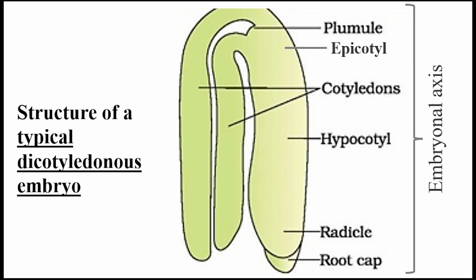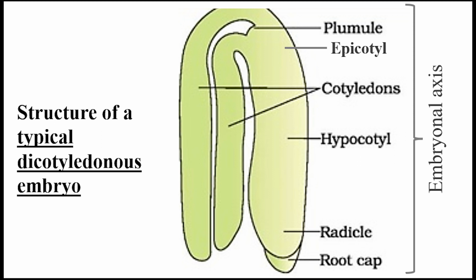The cylindrical portion seen below the cotyledons is known as hypocotyl, and this hypocotyl terminates in the radicle or the root tip.